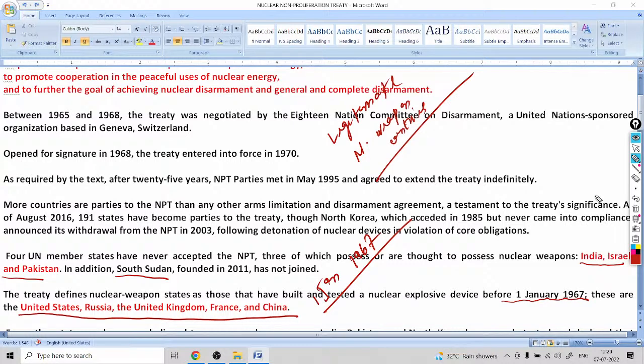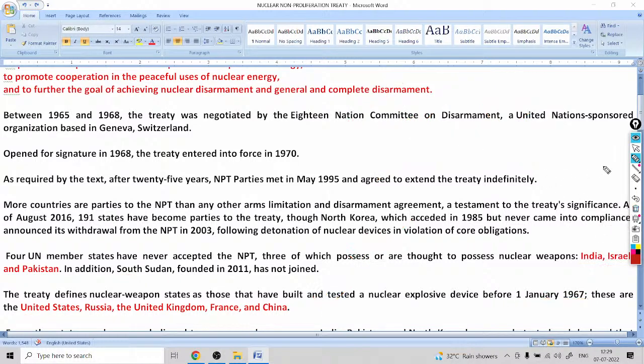That is why they are accepted as the legal, or de jure, nuclear weapon states. Fine. So the rest are not accepted to acquire nuclear weapons. Fine.